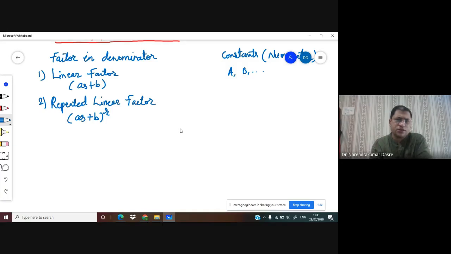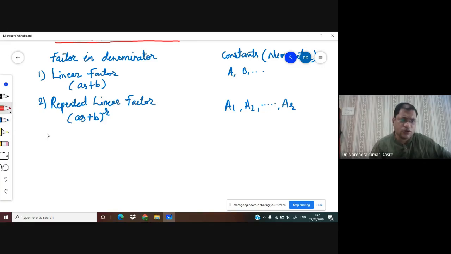Suppose this factor is repeated r times. What will be the numerator chosen for this? Since this factor is repeated r times, the constants will be a1, a2 up to ar. The number of times the factor is repeated, that many constants we have to choose. And this is a linear factor, so we'll have only constant terms here.